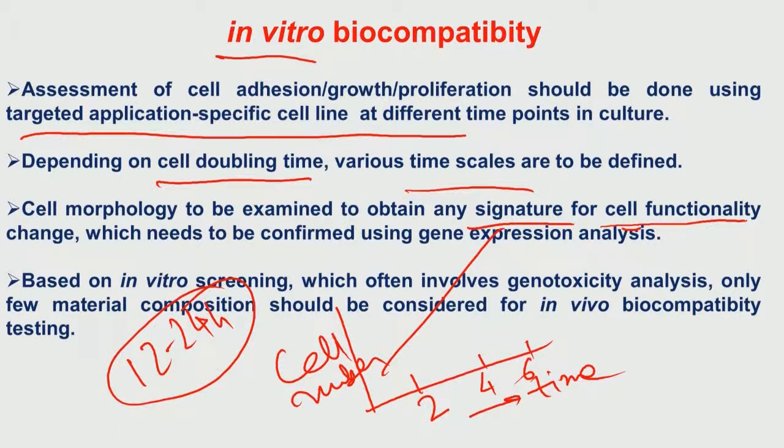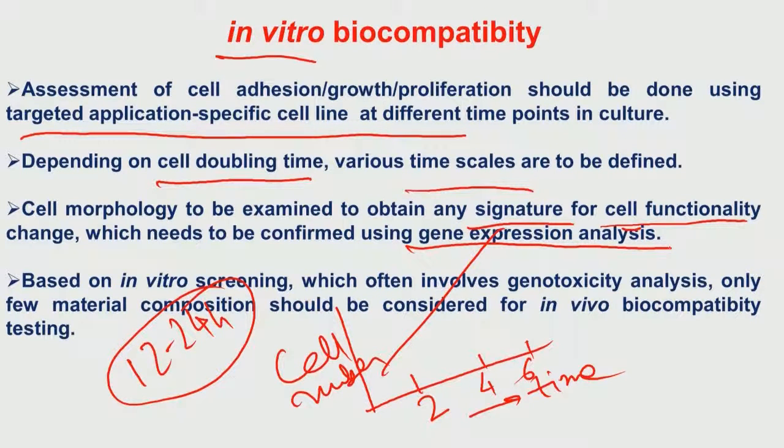These microscopes, let me tell you at this point, are different from the microscopes widely used in the material science discipline, because in material science we use mostly the scanning electron microscope or transmission electron microscope. But for cell biology related analysis one has to use the fluorescence microscope or confocal microscope, and also one has to do gene expression analysis.